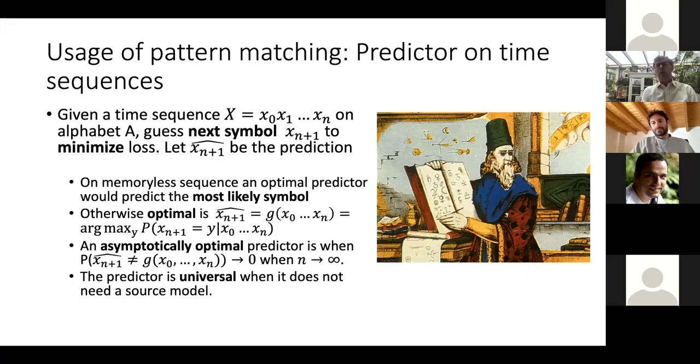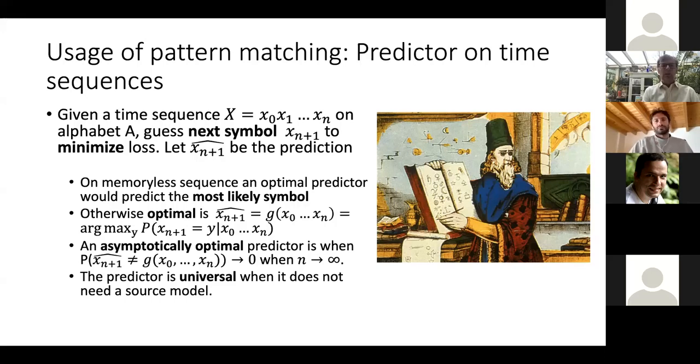Assume, for example, that the sequence is the weather. We consider that the weather could be good weather, bad weather, good weather, bad weather, so it will be a binary alphabet. And you want to guess the next symbol, X(n+1), and you want to minimize loss, basically the probability that you fail.